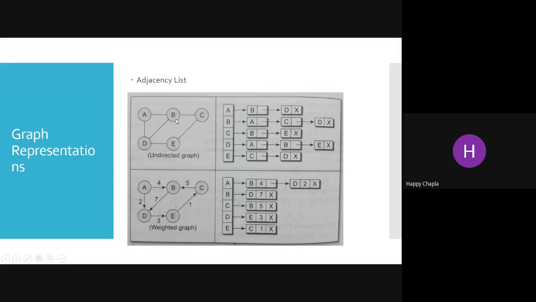Now B can connect with A, C as well as D. Now C can connect with B and E. So the adjacent nodes are B and E. Now for D, D can connect with A, B as well as E. And E can connect with C and D. Right? But here we have a weight as well as the direction also. So we can enter that value over here in this list.